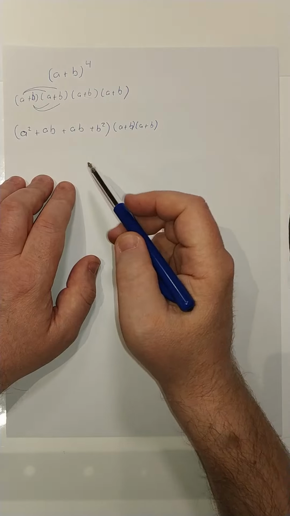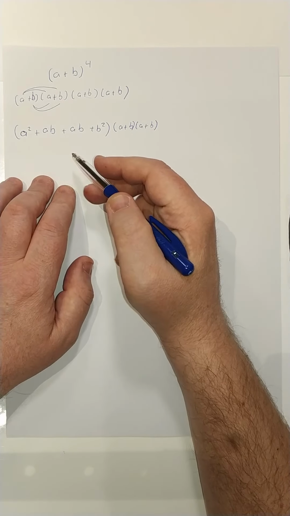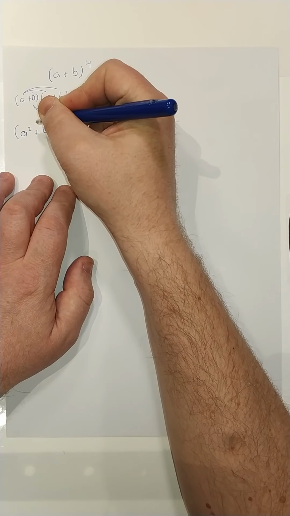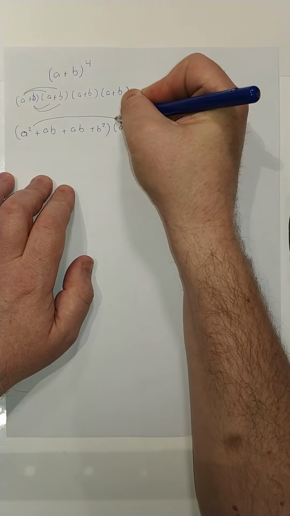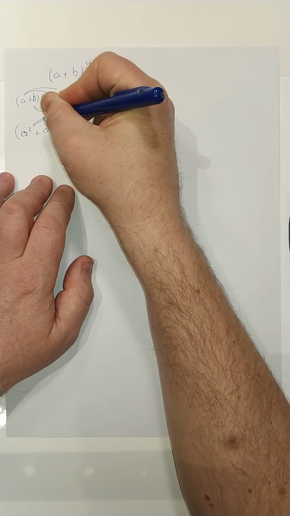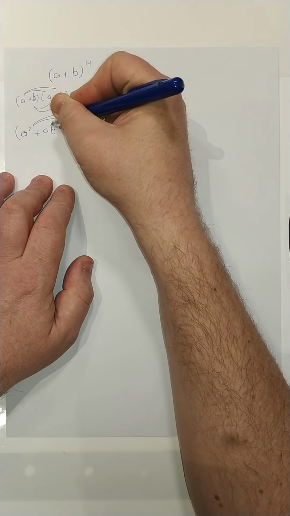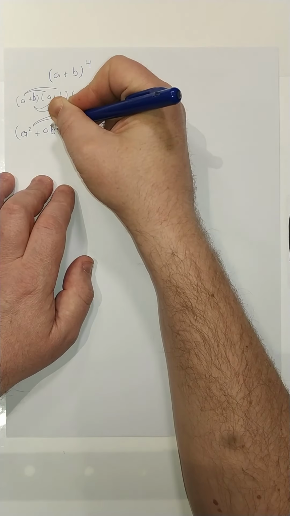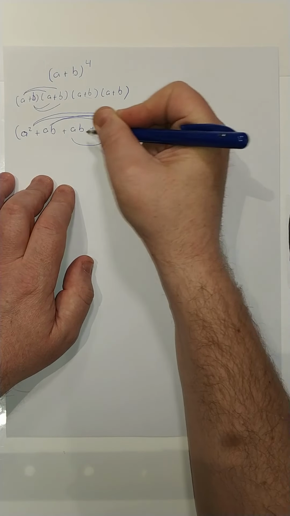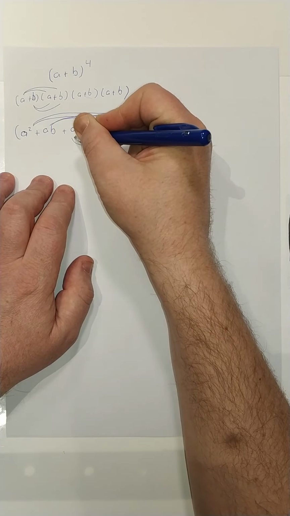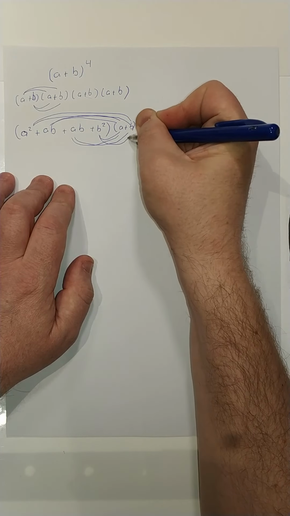So now if you want to continue, you could say, okay, we need to do a squared by a, and a squared by b, and ab by a and ab by b, and ab times a and ab times b, and b squared times a and b squared times b.